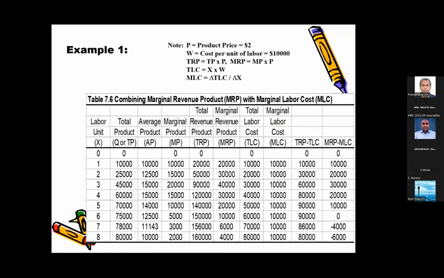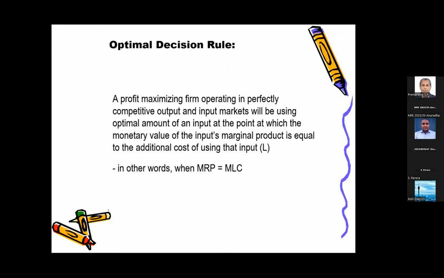They choose the most profitable option, where MRP equals MLC. So this is the short run situation, this is the condition in the short run. The marginal labor cost, MLC, equals marginal revenue product. So this is the market structure.